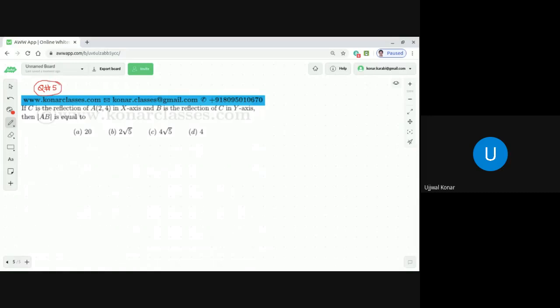Here question number 5 says that if C is the reflection of A (2, 4) in the x-axis and B is the reflection of C in the y-axis, then we need to find the value of AB, that is the non-negative value of AB. The distance AB, we need to find it out, dear students.